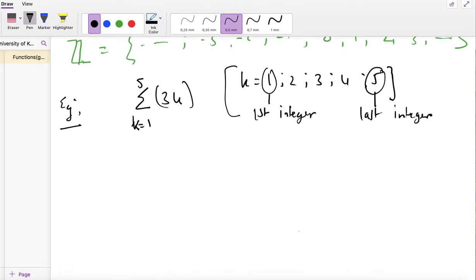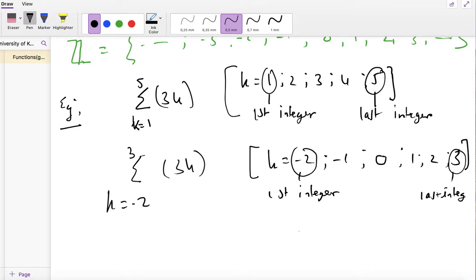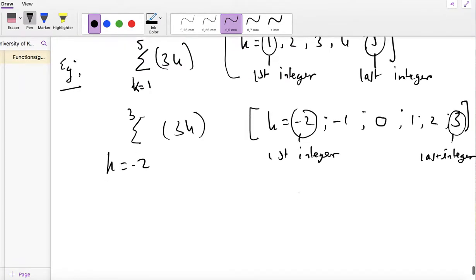Similarly, if we have another case here, the summation from k equals -2 to, let's say, 3 of 3k, then k is really going from -2, -1, 0, because these are the integers, 1, 2, 3. Okay, and again, this is the first integer, and this is the last integer that we substitute into the general term to generate the terms of the series.